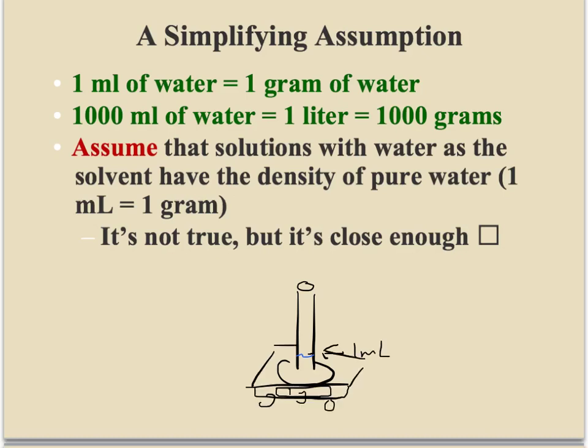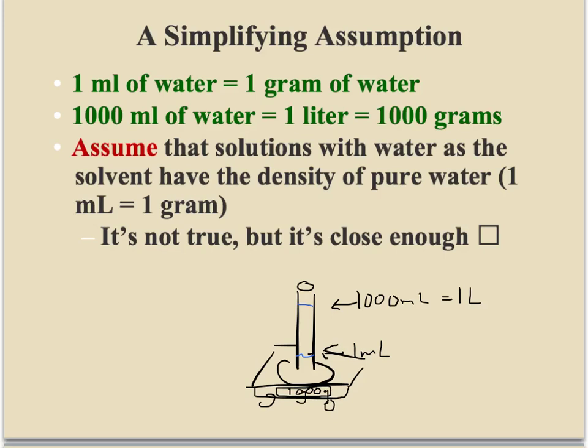So the density of pure water is 1 gram for every 1 milliliter. And if you fill a graduated cylinder all the way up to 1,000 milliliters, which is the same thing as 1 liter, it's going to read on that scale 1,000 grams. So 1 liter, 1,000 grams, 1 milliliter, 1 gram.